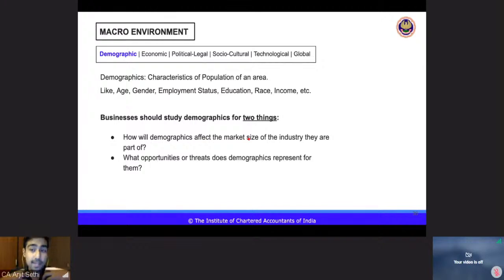Let's suppose I am Colgate's marketing head, right? I have to prepare a strategy. My strategy is to get all the children from ages 3 to 10 to buy my product. Now, what is the demographic I'm talking about? My market size is 72%, but the demographic I'm talking about is all children between ages 3 and 10.